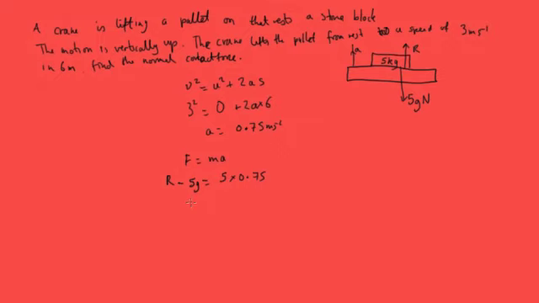Rearranging all of that, you'll get the reaction force of 53.75 newtons. It's really important to remember what direction things are happening in. The key is that the acceleration and the reaction force are both acting in the same direction, and that is opposite to the weight due to gravity pulling down on the block.